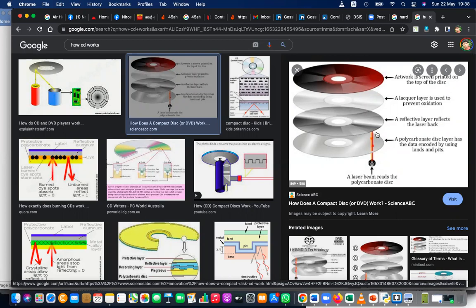This reflective layer is a metallic layer. It can be aluminum, gold, or even platinum. Depending on the material, the durability of the CD will vary. More expensive materials are more durable than the aluminum version. There is a platinum version, the blue color one, which is more durable than the aluminum version, and the gold version is also more durable than the aluminum version.